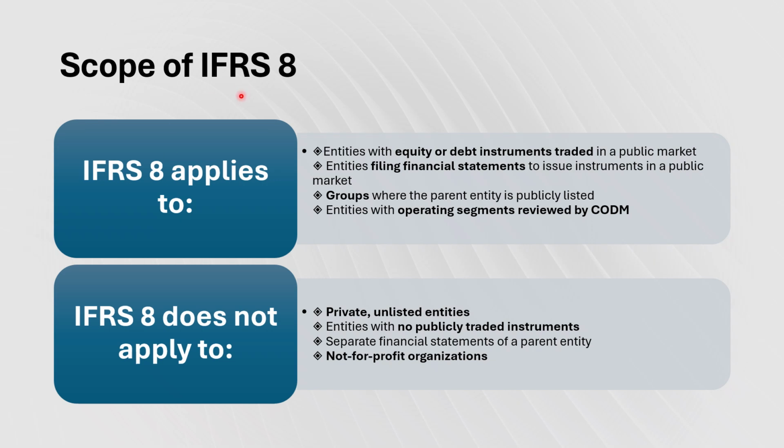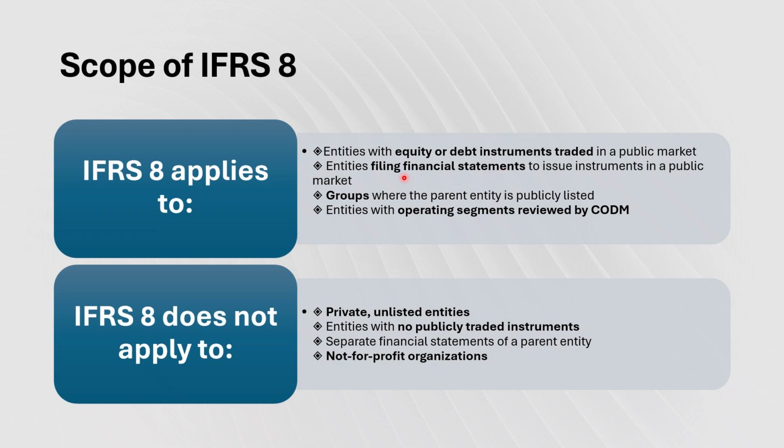Now let's talk about scope. IFRS 8 applies to publicly listed entities, meaning companies whose shares or debt are traded in a public market. It also applies to entities that are in the process of issuing shares or debt and therefore file financial statements with regulators.